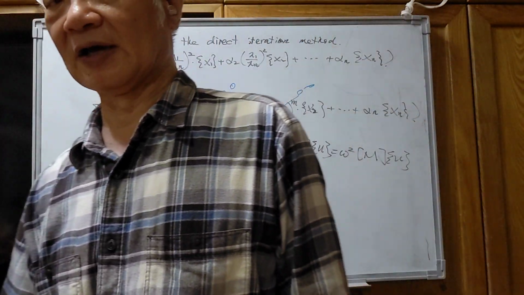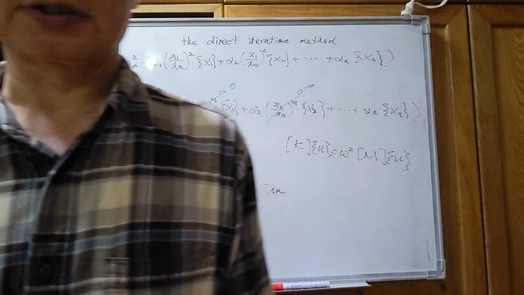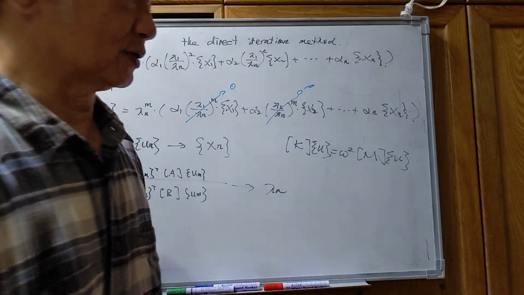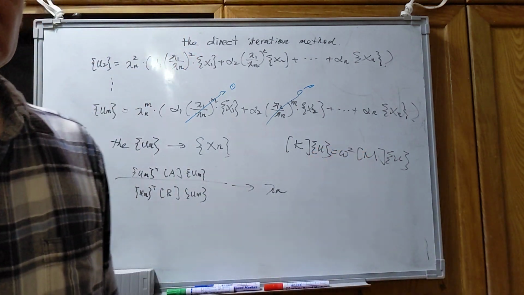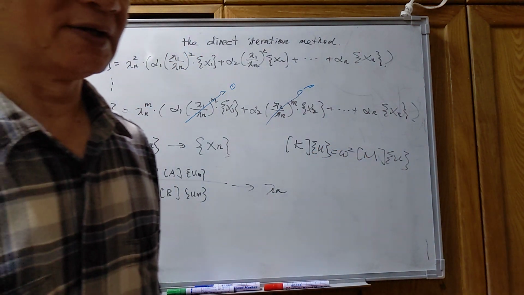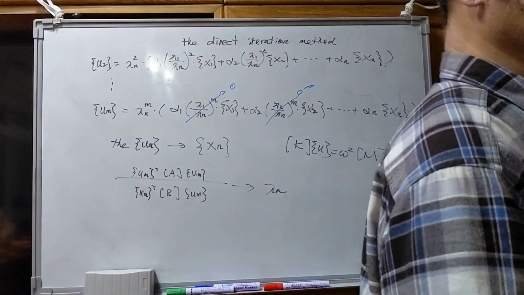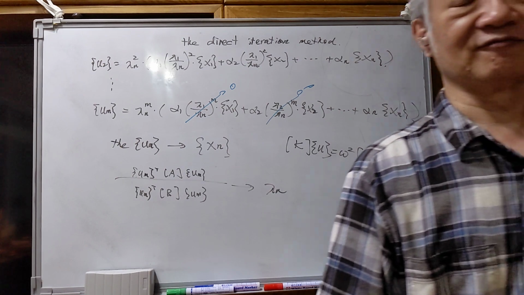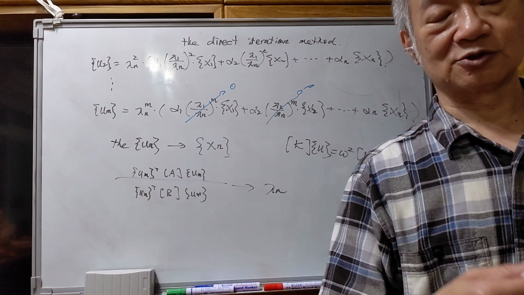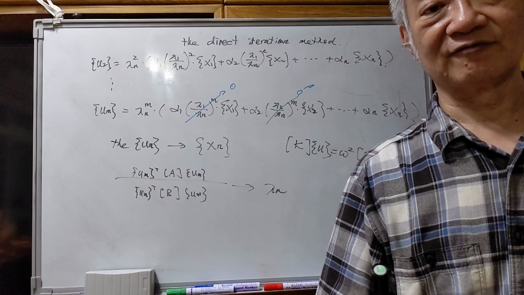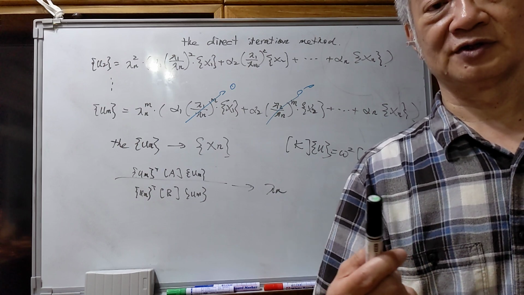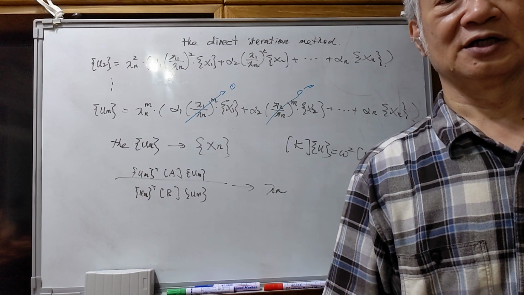Okay, so if the dimension of the stiffness matrix K and the dimension for the mass matrix is n by n, then we must have n eigenpairs. So we can solve n eigenvalues. Also, we can solve n eigenvectors.